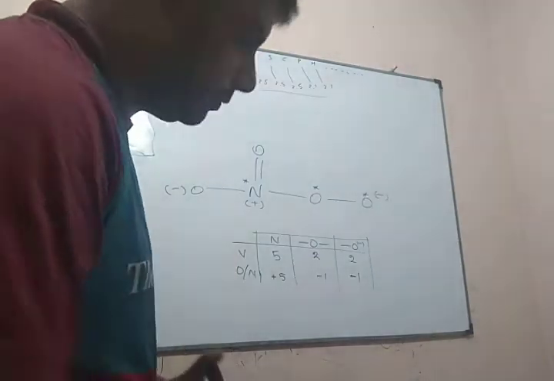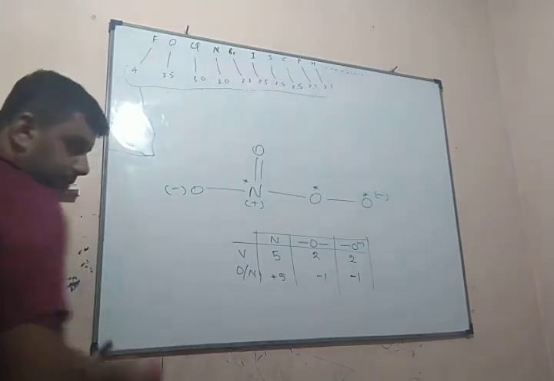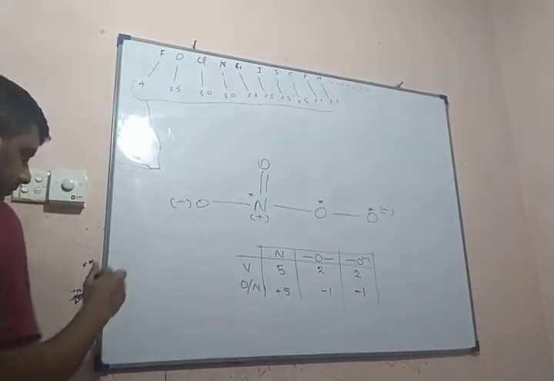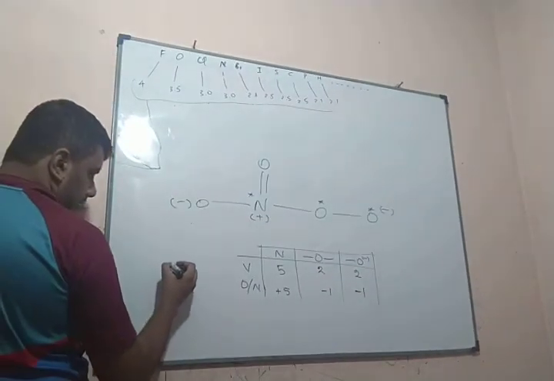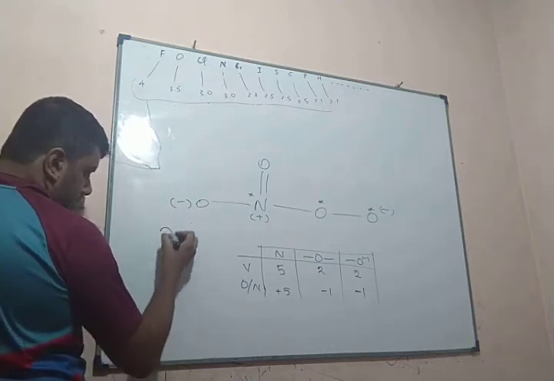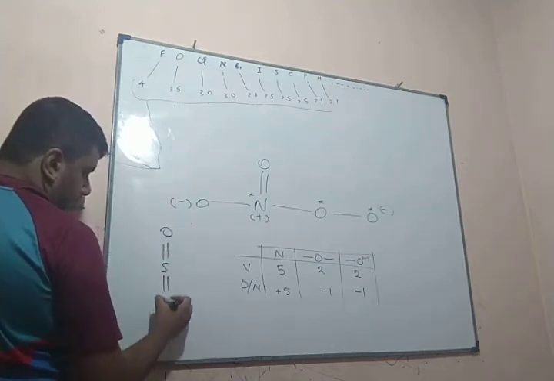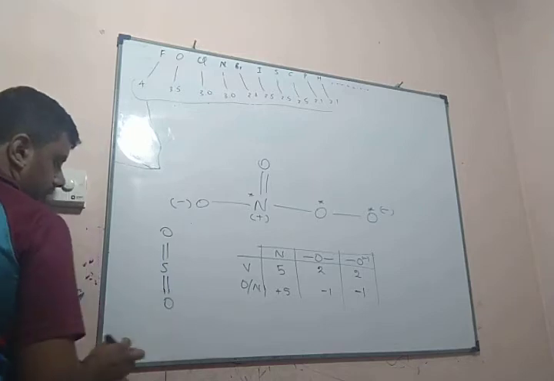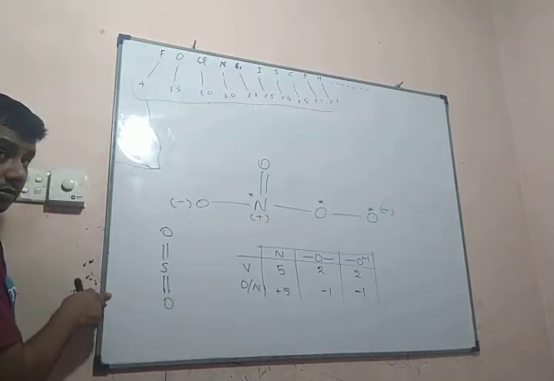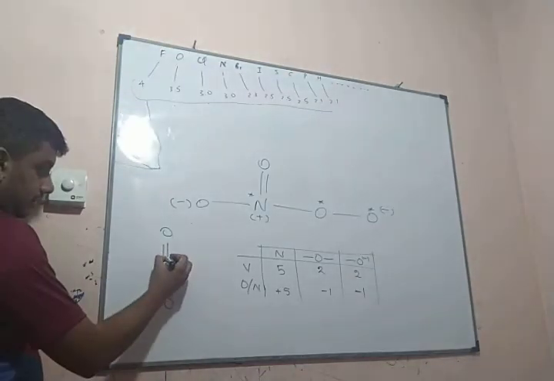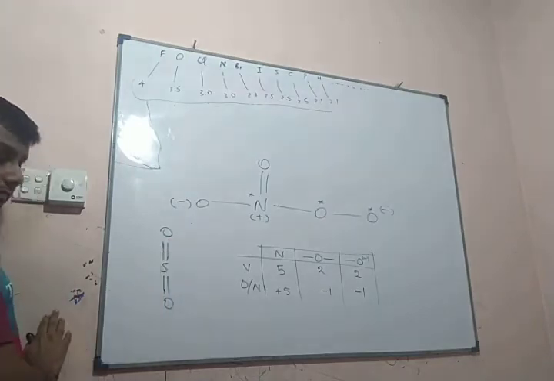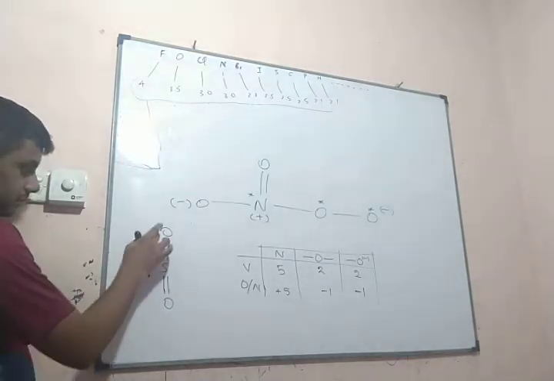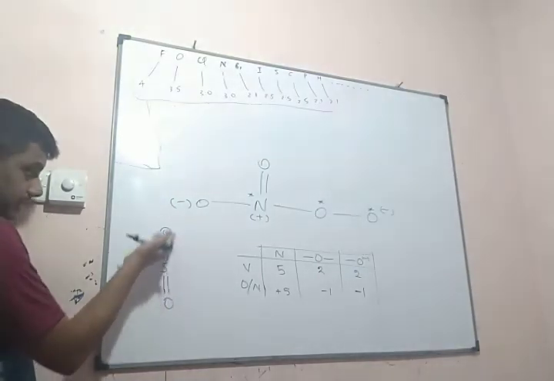We'll do one more simple example. SO2. Around sulfur, how many bonds? 4. Okay, but what's the oxidation state from this bond?